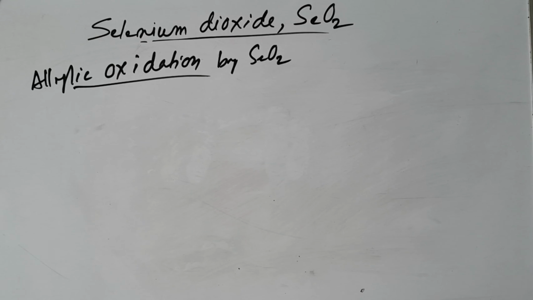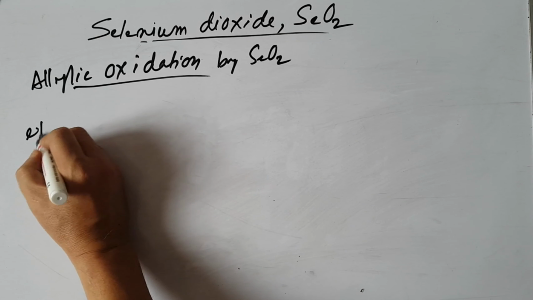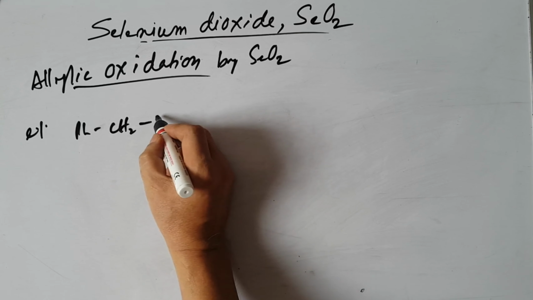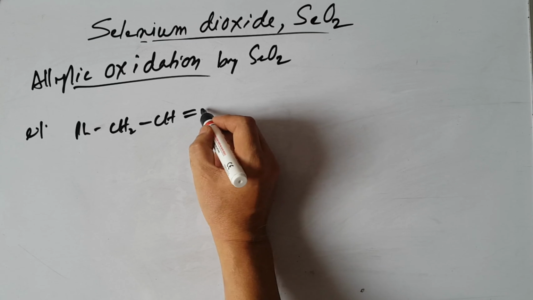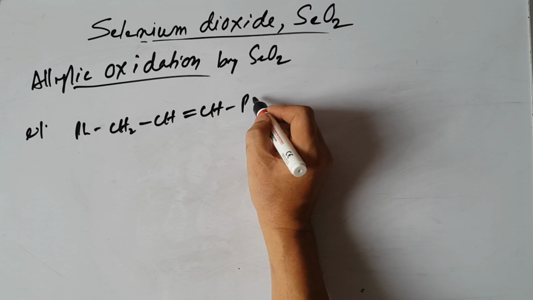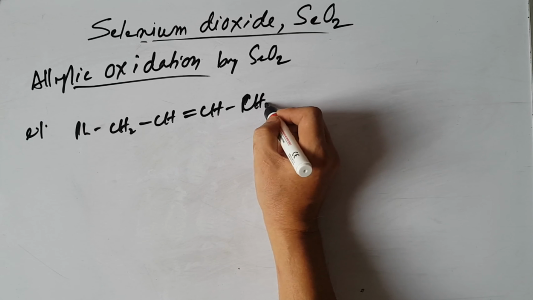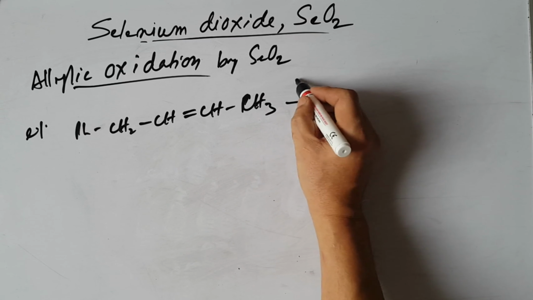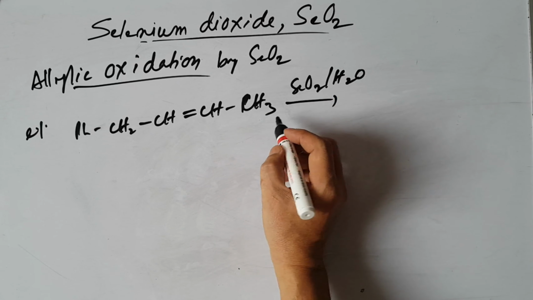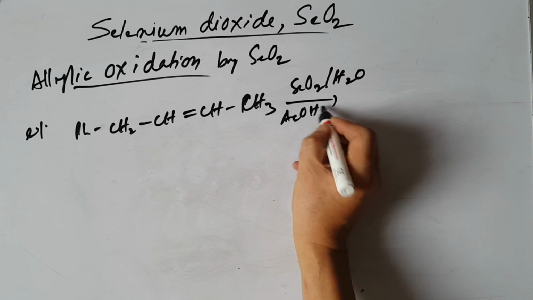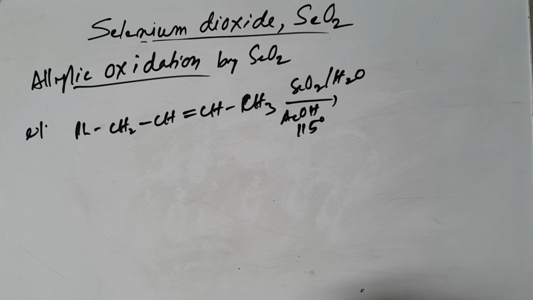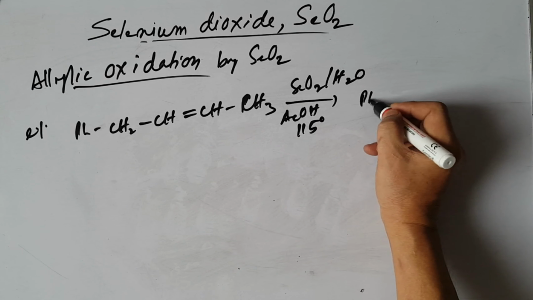So here, for example, I'll give you one example. Phenyl CH2, so it has CH double bond CH. Okay, there is another group, phenyl, or let's say CH3. So when you use selenium dioxide, water and reflux at high temperature in the presence of acetic acid, at 115 degrees Celsius, you get this compound.